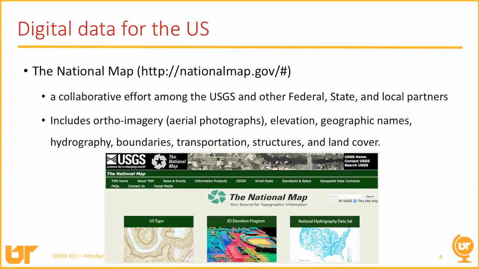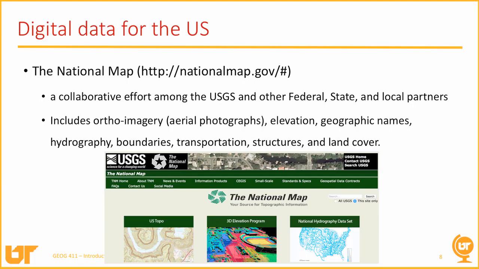The National Map. The National Map is the home of topographic data, and it is a collaborative effort among the USGS and other federal, state, and local agencies to improve and deliver topographic information for the whole nation. And the National Map is easily accessible for display on the web as products and services, as well as downloadable data.